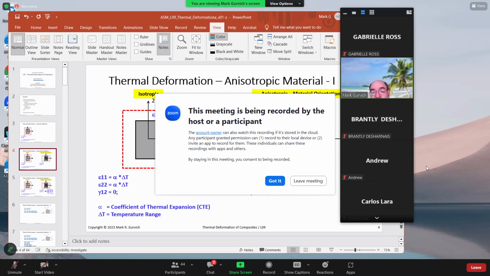A very simple physical interpretation would be that, for example, orientation 2 is the orientation of fiber in a fiber reinforced polymer matrix, a composite material, and epsilon sub 1 will be the transversal direction, primarily controlled by polymer, and direction 2 will be primarily controlled by fibers in this case.